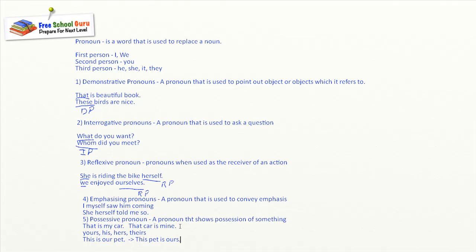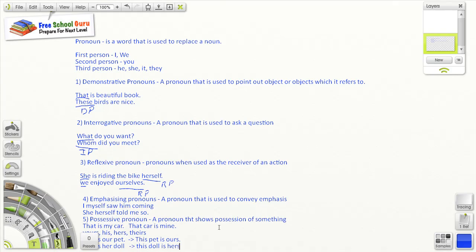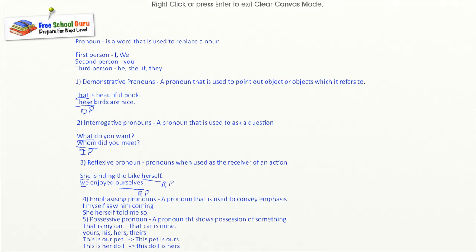This is her doll. Now let's try to rewrite the sentence using possessive pronoun. This doll is hers. Okay, so what it becomes now is a possessive pronoun.